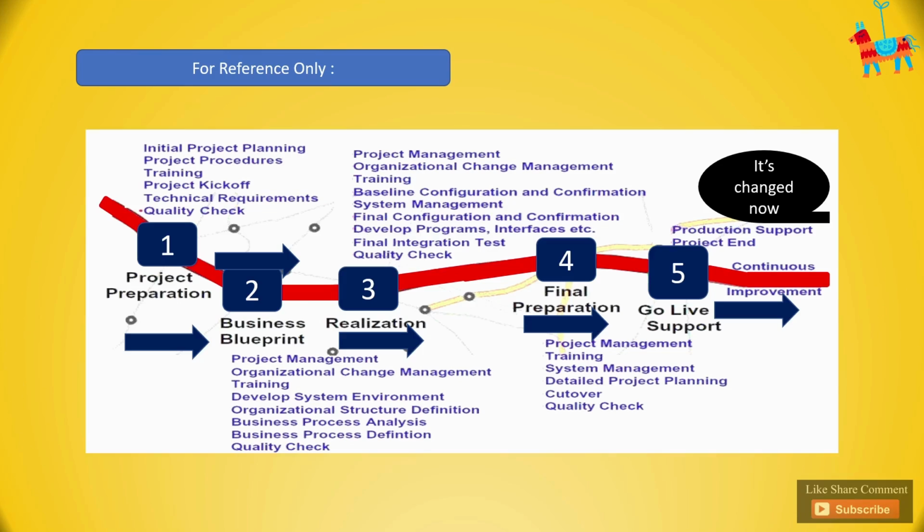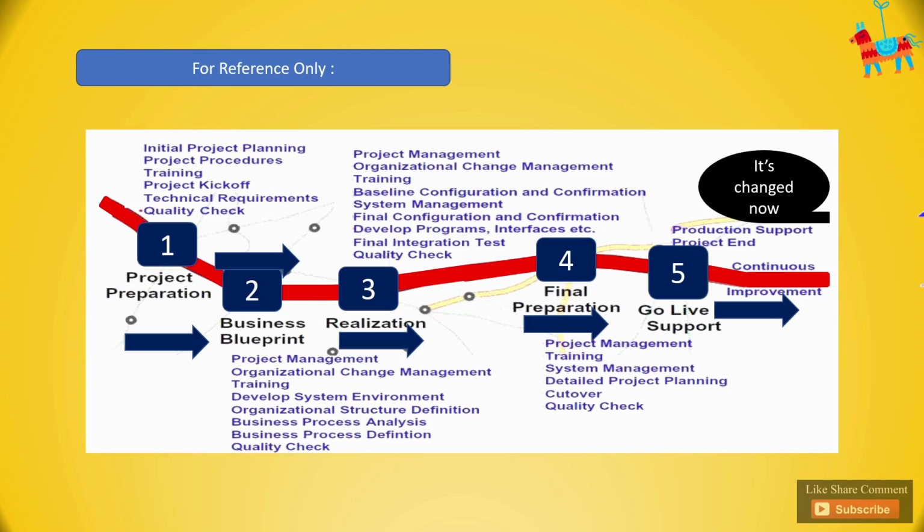In a similar way, if I see the realization, the additional points in this phase would be that baseline configuration and confirmations can be started, then final configuration and confirmations, then we can start developing some programs, interfaces, etc. We can also make some final integration testing in case SAP gets integrated with another system; that can be tested in this phase.